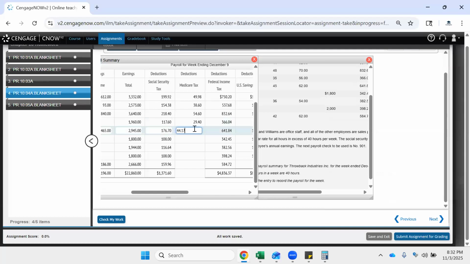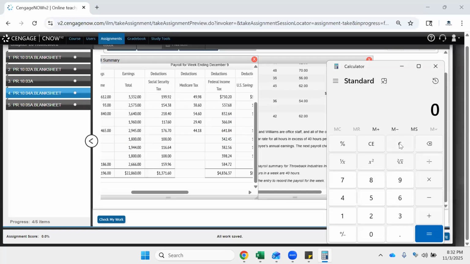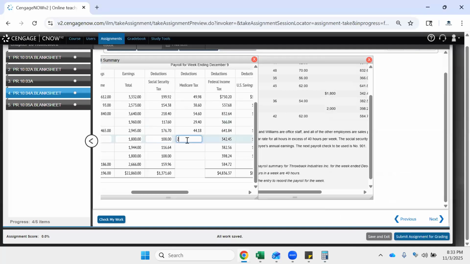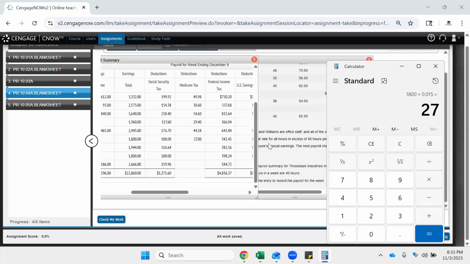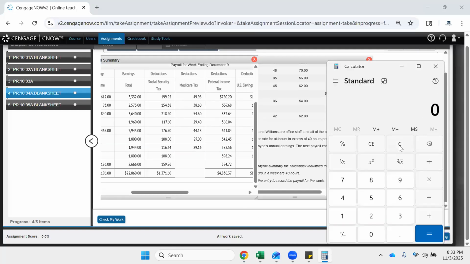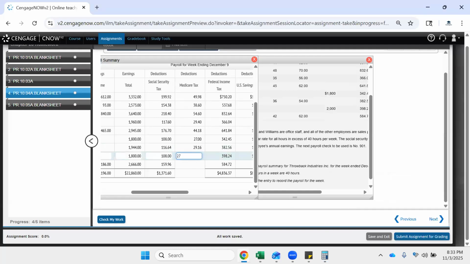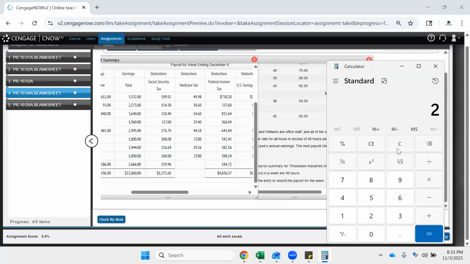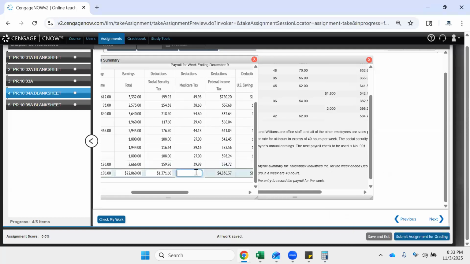Note in here, we're going to round to 4418. And there we go.